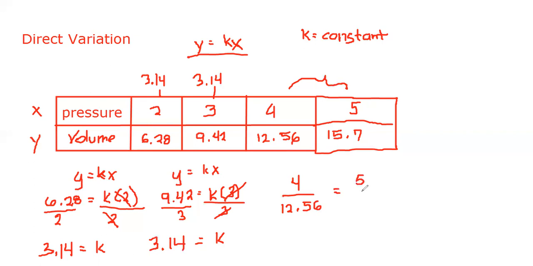Then 5 over 15.7. So, cross multiply natin to, 4 times 15.7. 4 times 15.7 is 62.8.